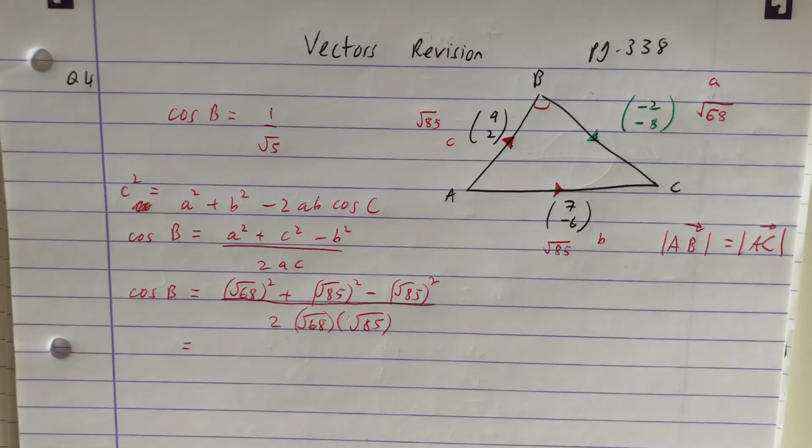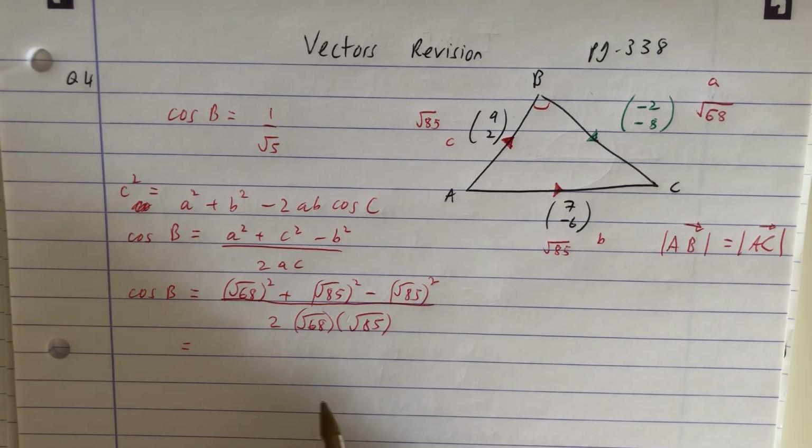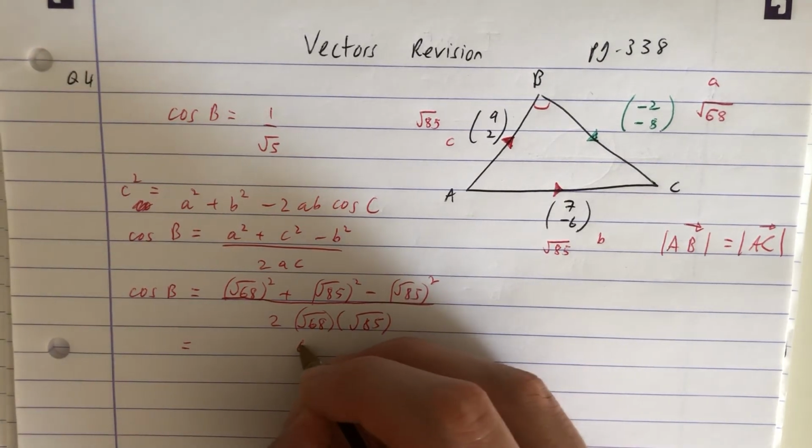So this is equal to, what will the top simplify to? Root 68 squared is obviously 68. These two will cancel, so you're just left with 68 on the top.